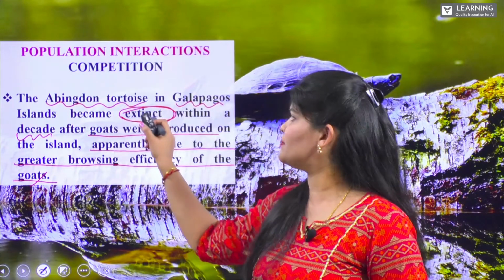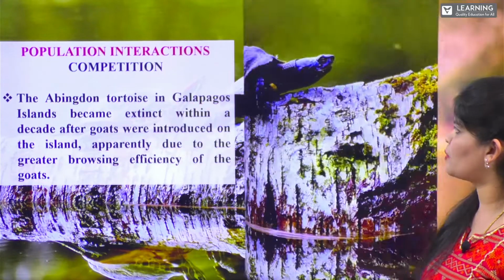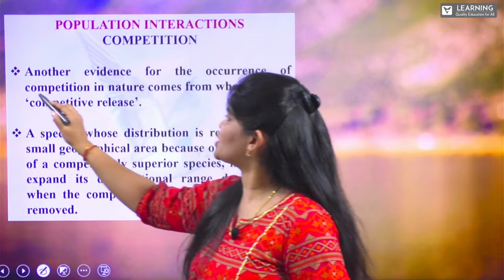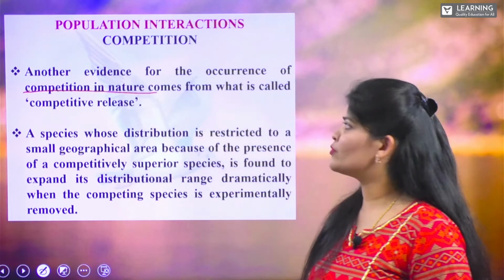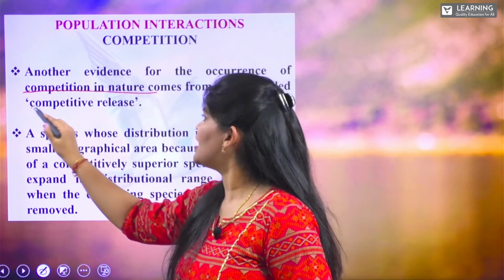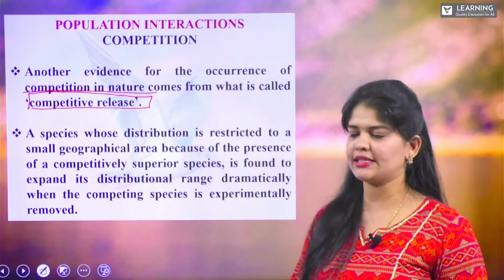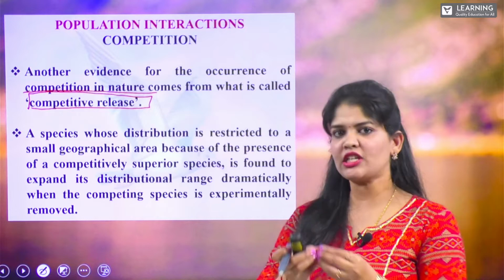Therefore, it becomes extinct. Now, another evidence for the occurrence of competition in nature comes from what we call competition release. Interference competition we have discussed. Now, let's understand competition release.